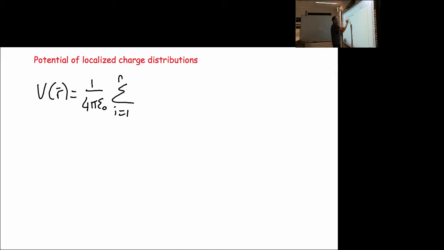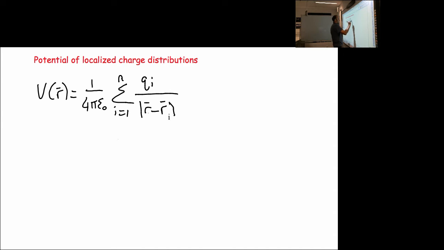So just like in our consideration of electric fields where we had continuous charge distributions, we must also account for this when we look at the potential. Previously we saw that the potential due to a number of charges is just given as V of r equals 1 over 4 pi epsilon naught times the sum from i equals 1 to n of qi over the magnitude of r minus r prime.